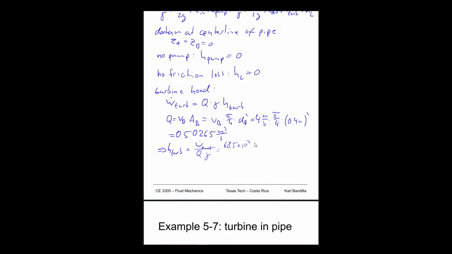Now watts are joule per second, so it's Newton meters per second. And we need to divide that by Q, which was found as 0.50265 cubic meters per second, and then times the specific weight of water.